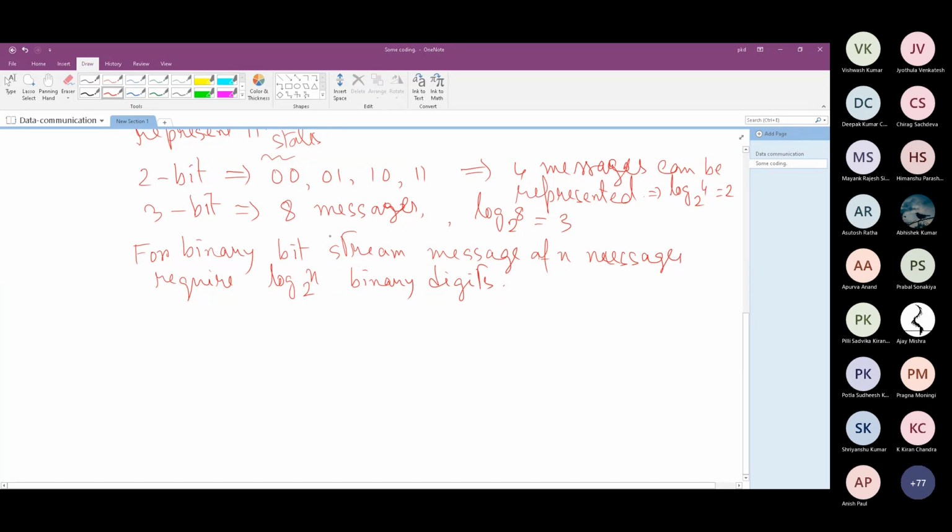This is true when our messages are unique. By a 2-bit symbol I can represent 4 unique messages, by a 3-bit symbol 8 unique messages. So n unique messages can be represented by log n to the base 2 binary digits.